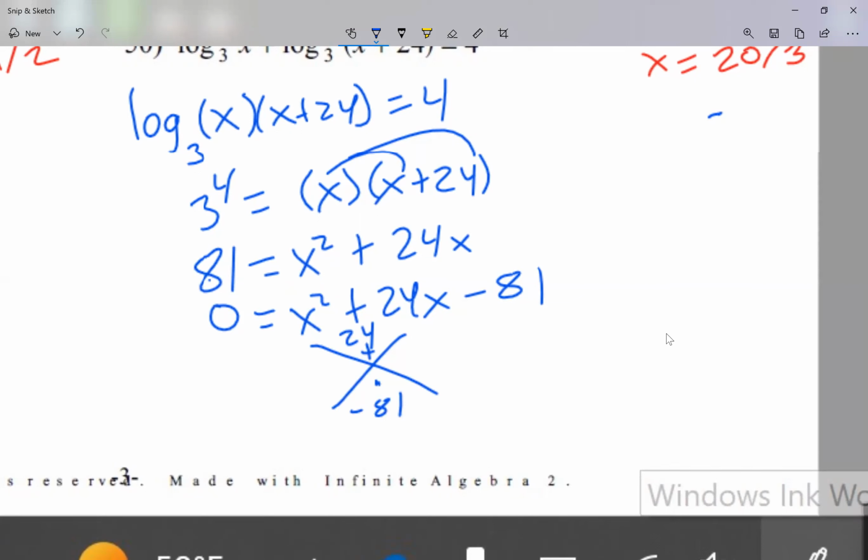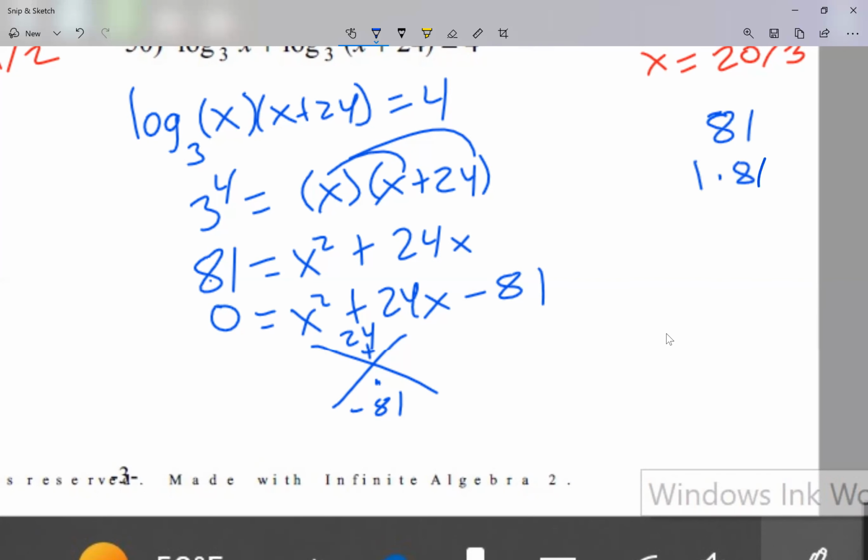Hopefully that kind of rings a bell. So just let me think of my factors of 81. I'm going to go 1 times 81. When I'm on my left side, let me add my numbers like 1, 2, 3, 4, 5, 6. I can go my list as far as I need to.